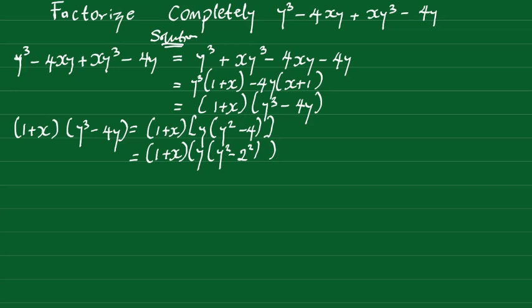Now we need to understand that y squared minus 2 squared is a difference of two squares expression. Therefore, we have our expression equal to bracket open, 1 plus x, bracket close, bracket open, y bracket open, y minus 2 bracket close, bracket open, y plus 2 bracket close, bracket close.